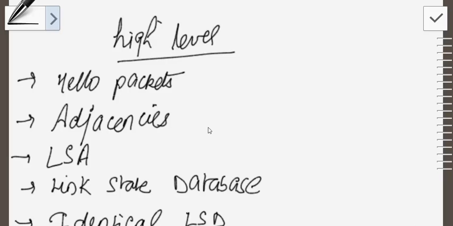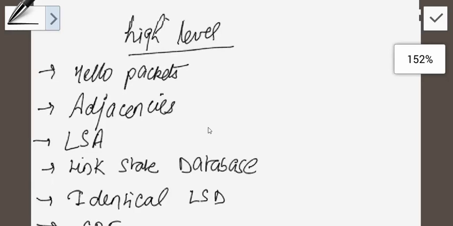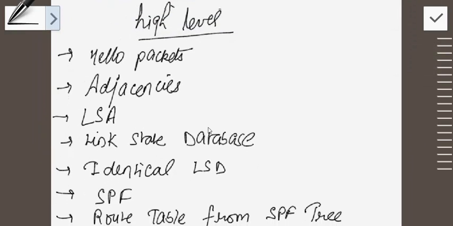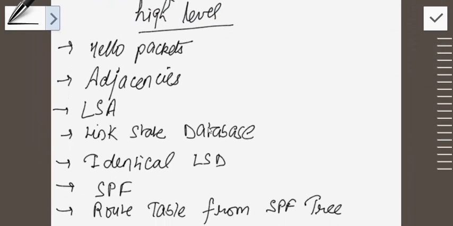From a high level perspective, OSPF uses various packet formats. You enable OSPF on a particular set of routers.